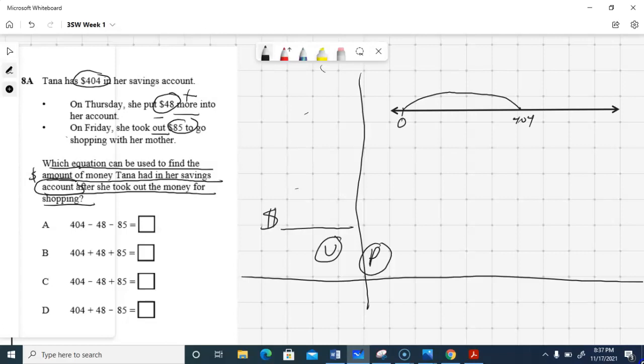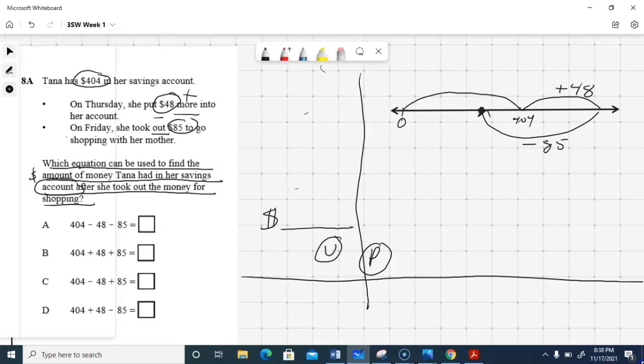Then she put another $48 into her account, so that's plus 48. Then on Friday, she decided to go shopping, so she took out $85. That would subtract $85. And where we stop on the number line, that would be how much money she has in her account now.